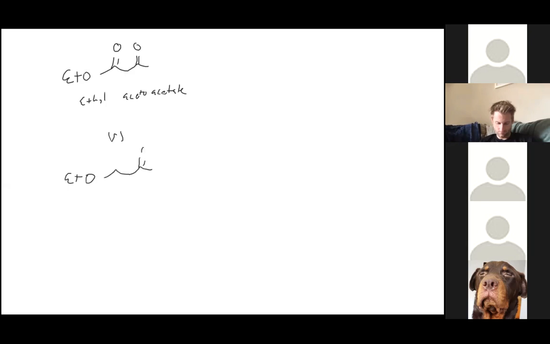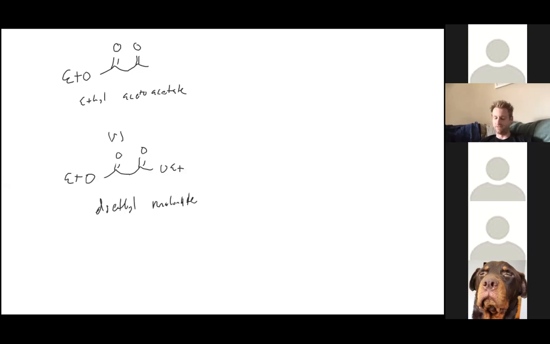So if instead of malonic acid or diethyl malonate, we take ethyl acetoacetate, which is going to look like this here.